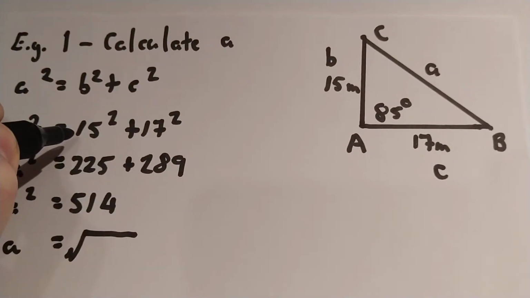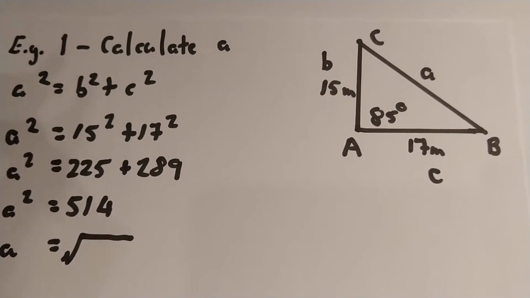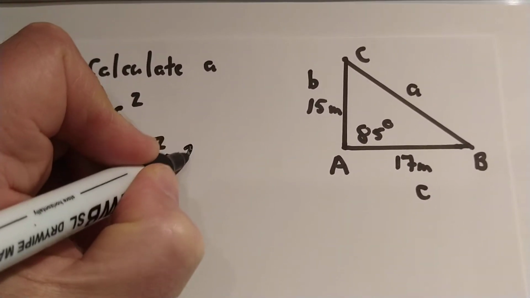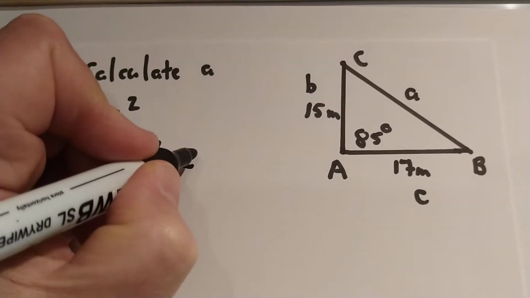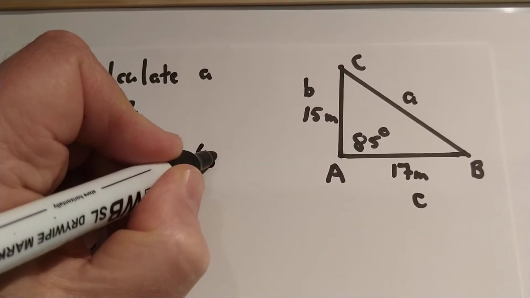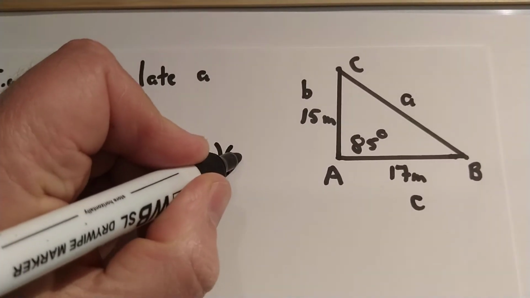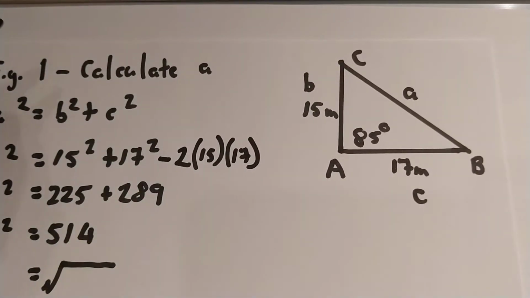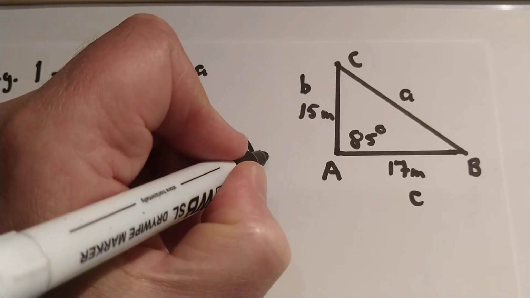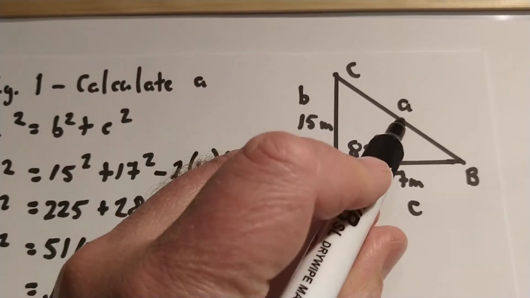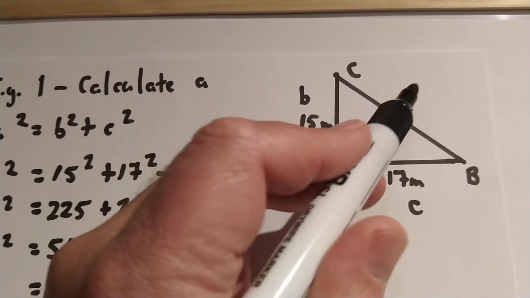We have our 15 squared and 17 squared, and the adjustment says take away 2 times the first number times the second number and multiply the whole thing by the cosine of this angle, the angle opposite the side that we're wanting.